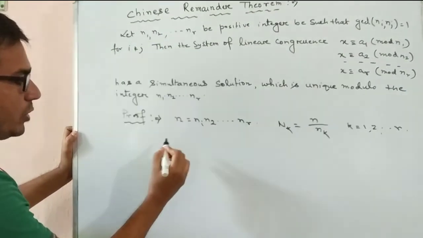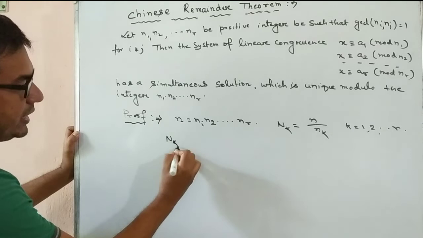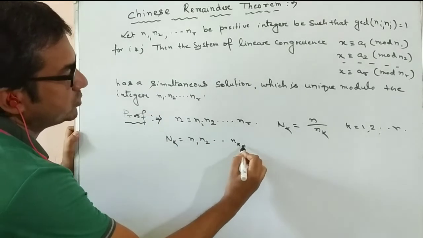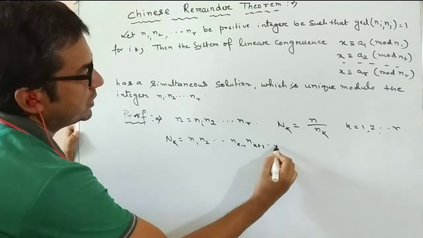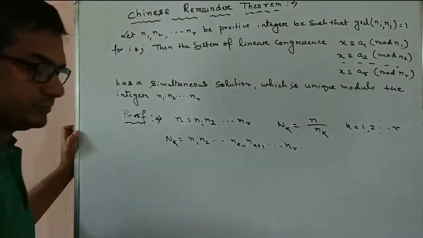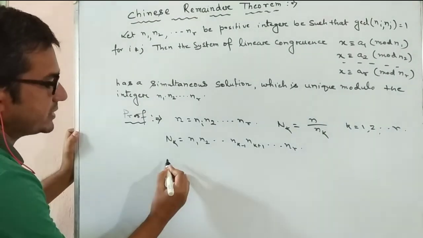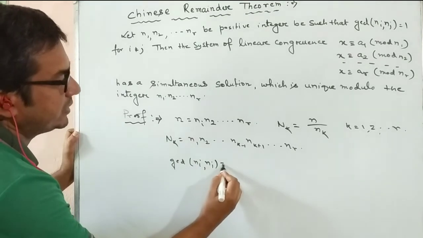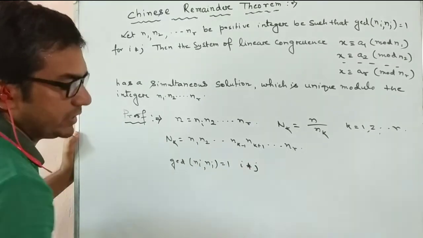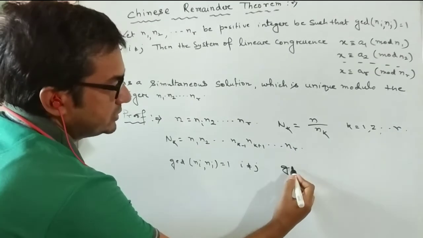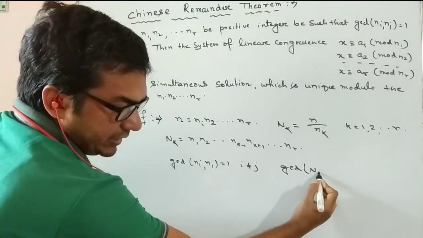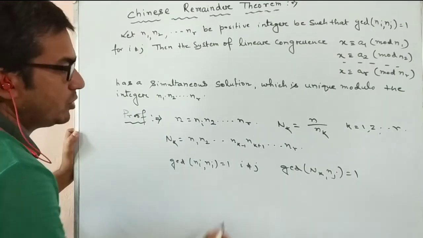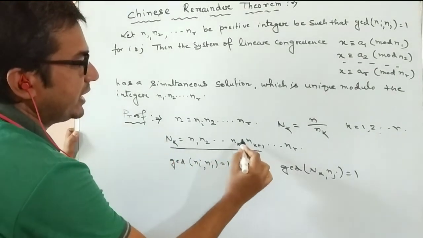Then obviously N_k equals n_1 n_2 … n_{k-1} n_{k+1} … n_r, and since GCD of n_i, n_j equals 1 for i not equal to j, GCD of N_k and n_k equals 1 also, because here n_k is absent.